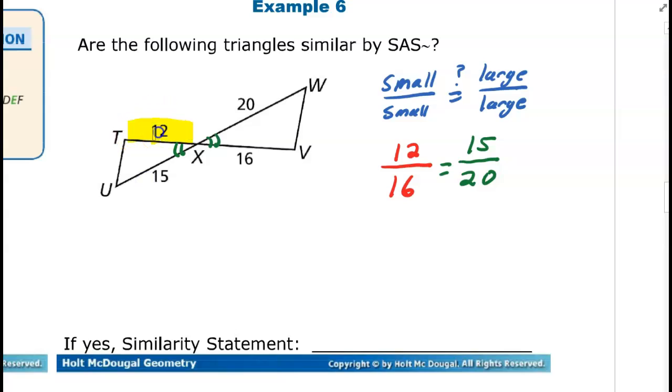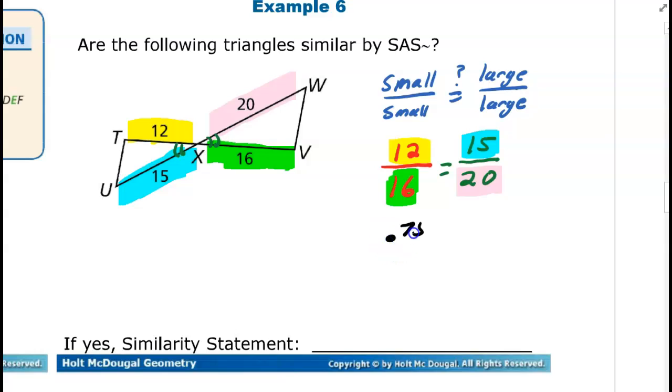So I'm taking the 12 here to the 16. Those are the two small sides. And I'm checking to see if that's equal to 15 over the 20. So I have to check to see if those fractions are equal. When I divide those on my calculator, both of those decimals are 0.75.